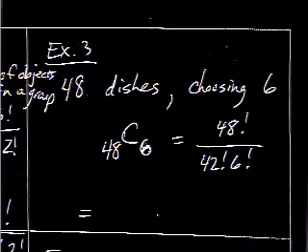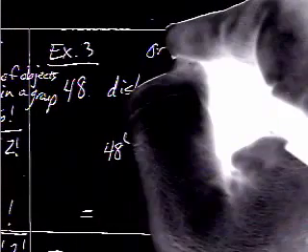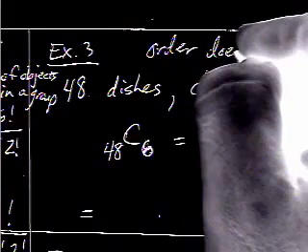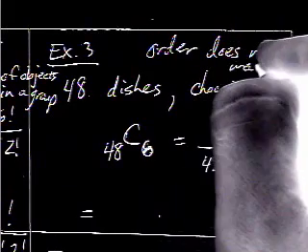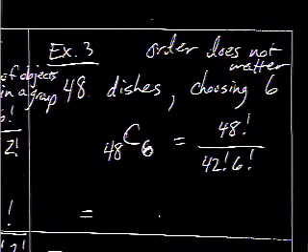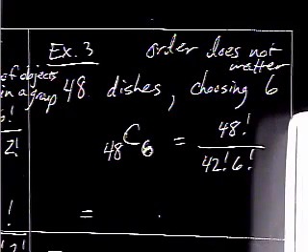We don't care what order we get them in. We don't care what order we eat them in. So order does not matter. That is a combination situation and is very easy to work with.